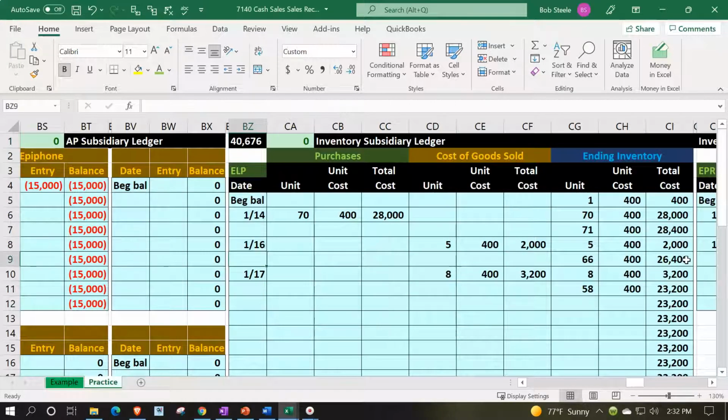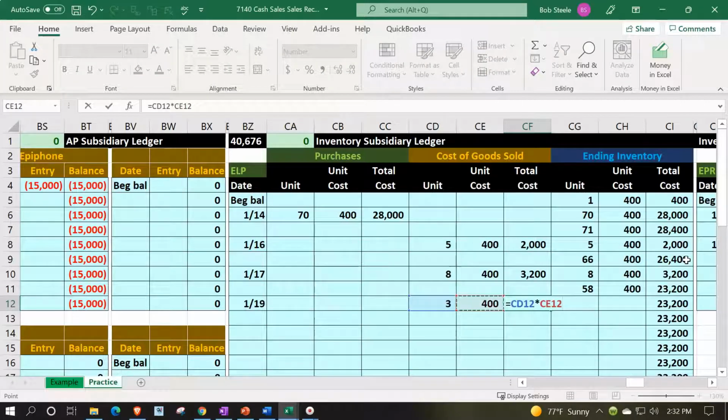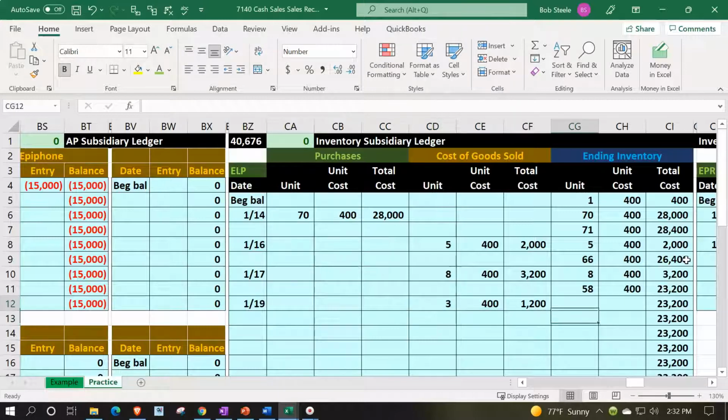So now we're going to say that we're going to sell some of these. We're going to sell 119. How many of these? 3 of these. Tab. They cost $400. 3 times 400 means cost of goods sold is going to be 1,200.